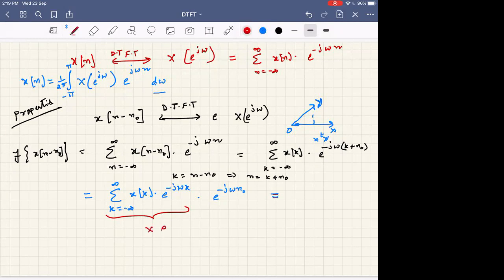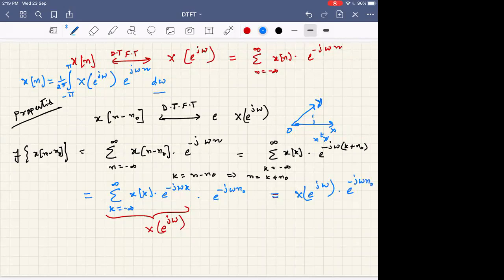X of e power j omega. Either the summation is over k or n, it doesn't matter, if it is minus infinity to infinity, that is fine. As you can see, n going from minus infinity to infinity makes k also go from minus infinity to infinity. So now this is equal to x of e power j omega into e power minus j omega n naught.